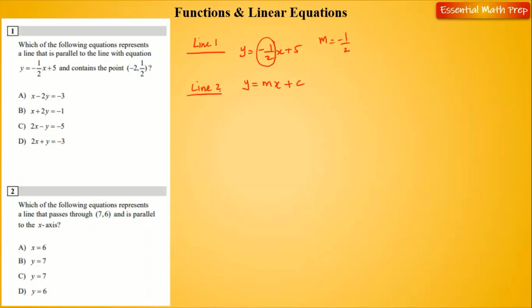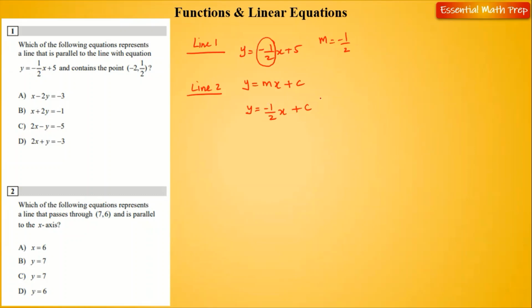In the next equation, y equals negative 1/2 x plus c, the second equation also has the same slope, but we have to figure out what is the value of c first.